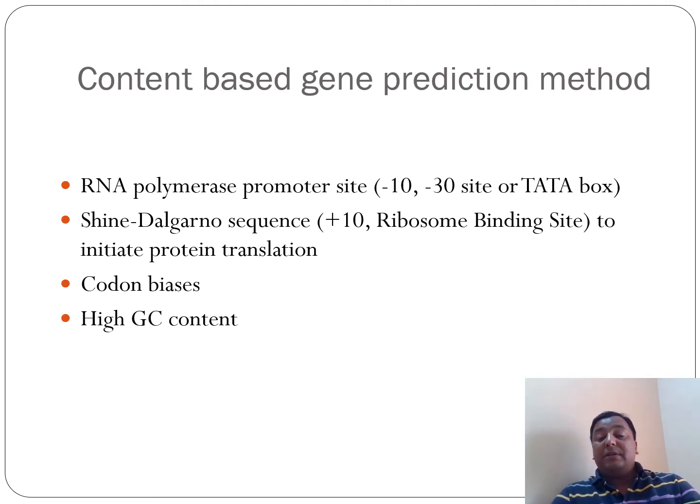And some sequences we may also get, like Shine-Dalgarno sequences, which we assume are regions of this type of sequence in the forward direction where the ribosome will bind to initiate protein translation, and due to that we may get codon errors and biases.